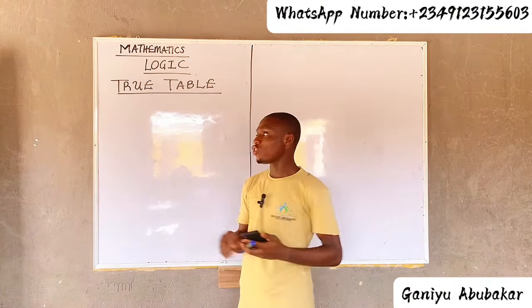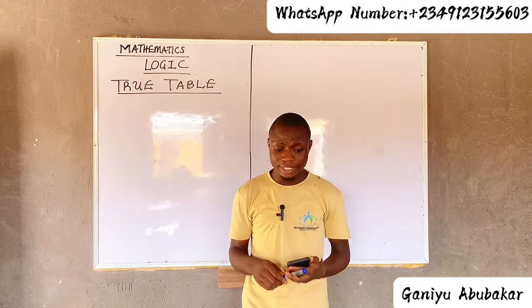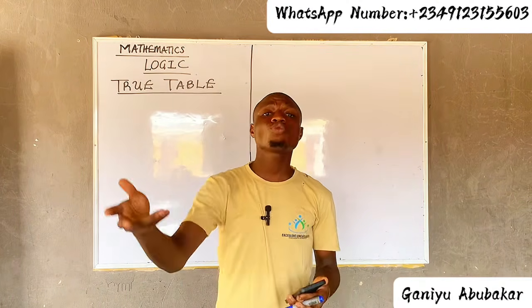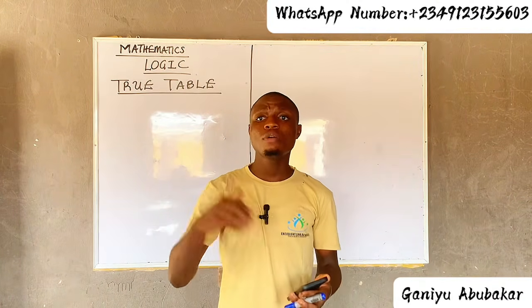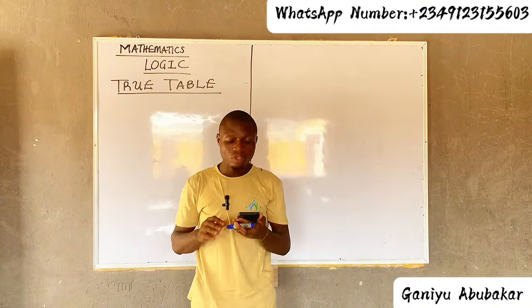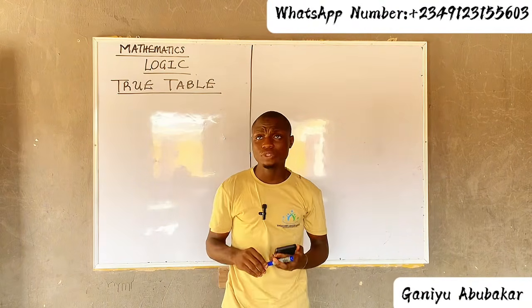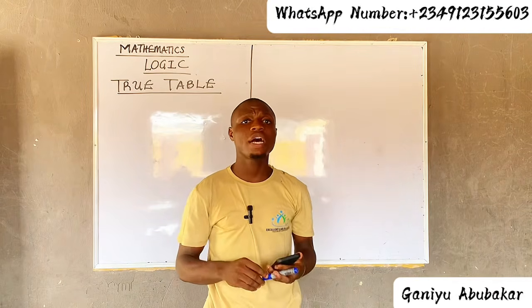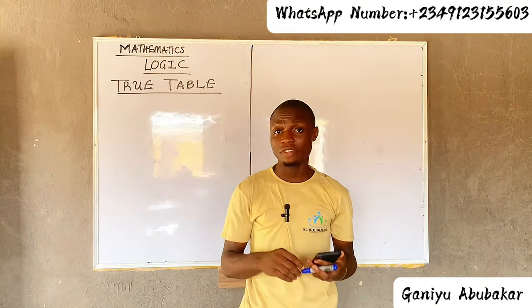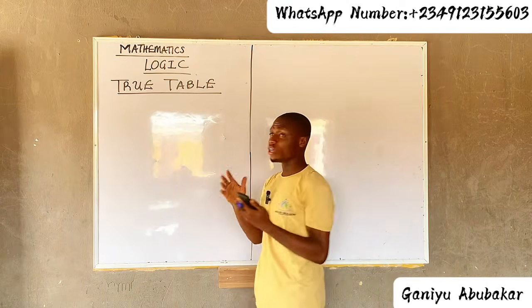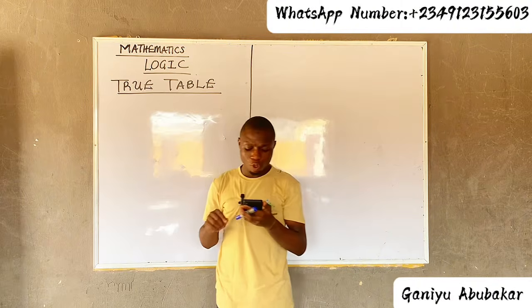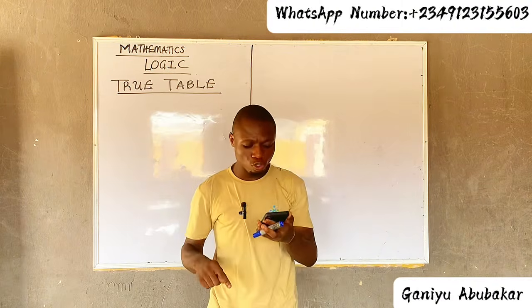So a truth table is simply a table that can contain two, three, four variables, as you wish to have it, right? So I'll draw a table.